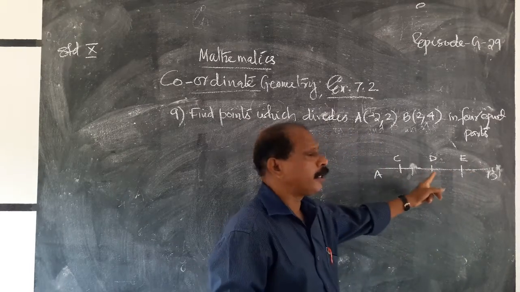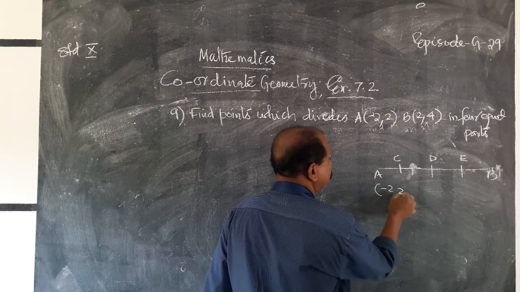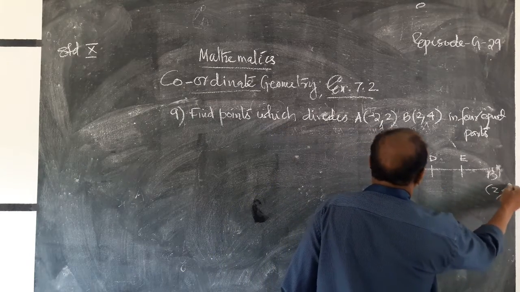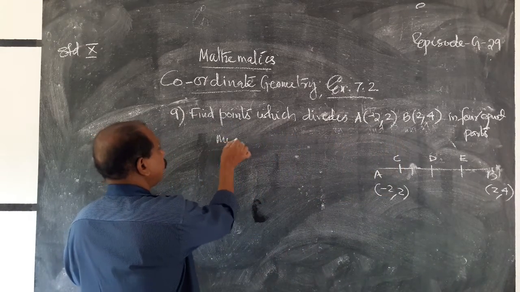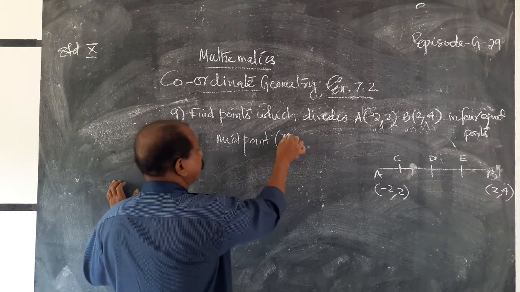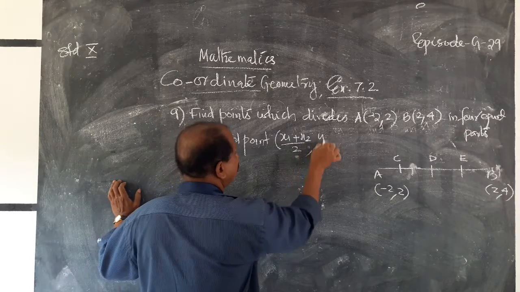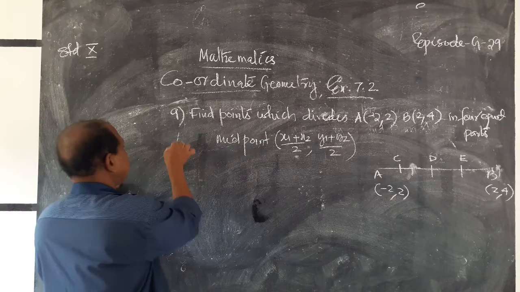First of all, we can find out D. What is A? Minus 2, 2. What is B? 2, 4. Okay, then what is the midpoint formula? x1 plus x2 by 2, comma, y1 plus y2 by 2. That is the answer.